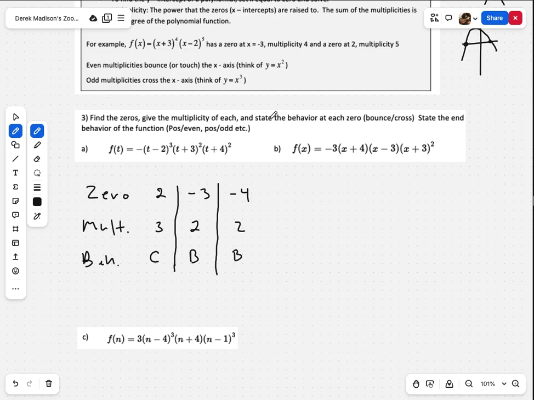And what was the last thing? Probably the end behavior? Yes, the end behavior. So if we count this up, we'd have 3, 4, 5, 6, 7 with a negative. So if I FOILed all that out, I'd have negative, oops, not x, but t to the 7th. So this would be negative and odd.